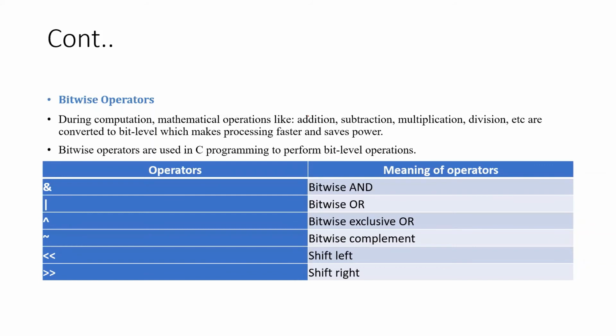These bitwise operators are applicable for binary data. But we don't know how to write binary information, so in that situation, the system itself is going to convert into binary data.